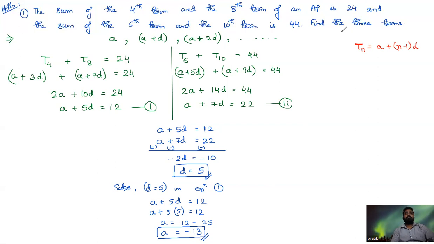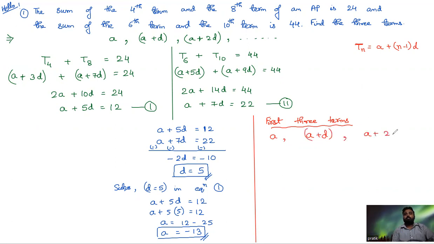So definitely I can find the first three terms of the same AP. The first three terms are A, A plus D, and A plus 2D.